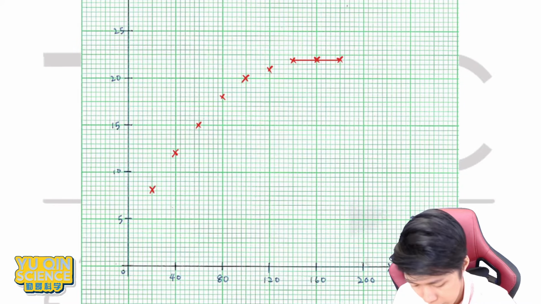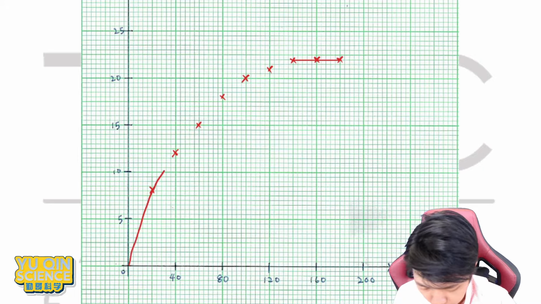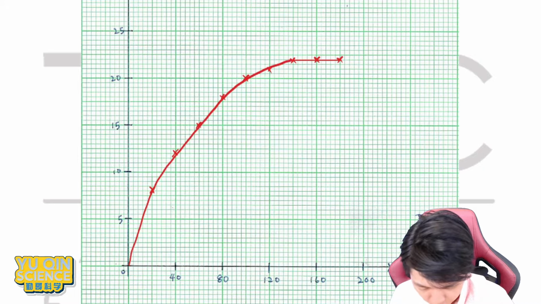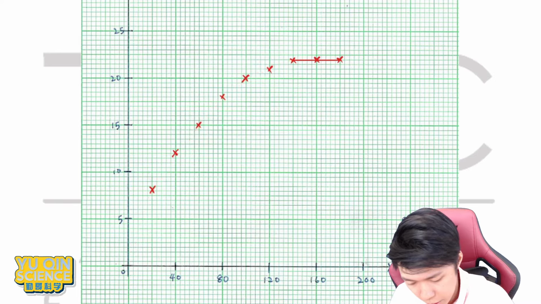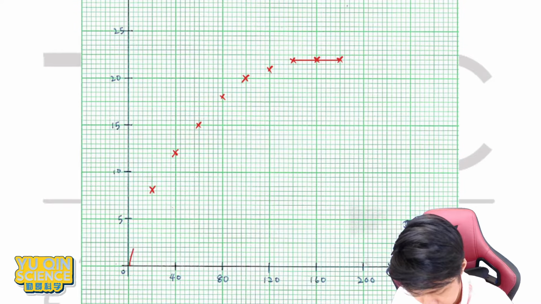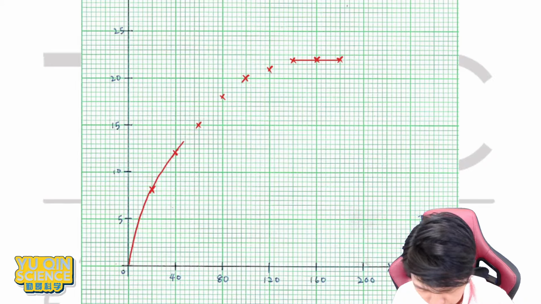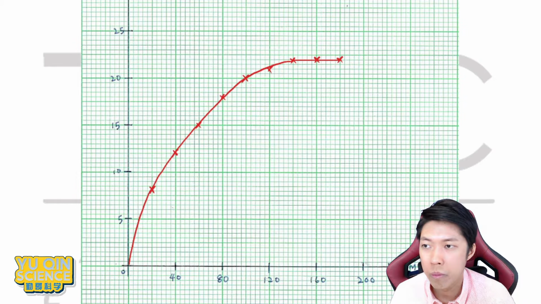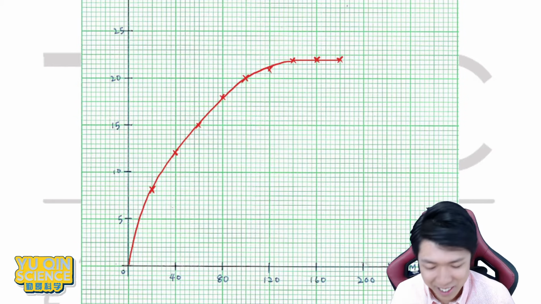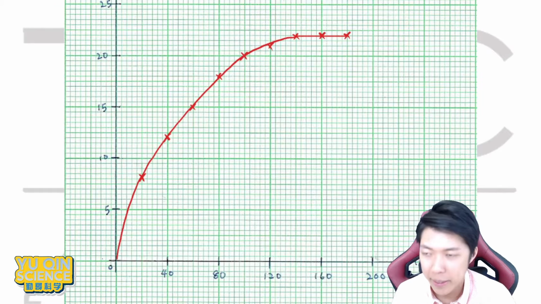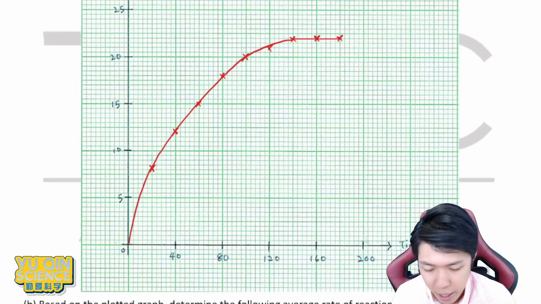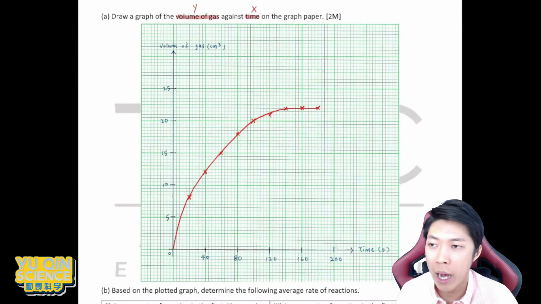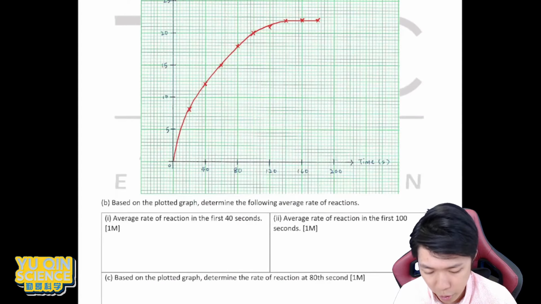Even I might need to do it a few times and not be satisfied. Not bad. Okay, cool. That's how you plot a graph. I'm pretty sure you already know how.